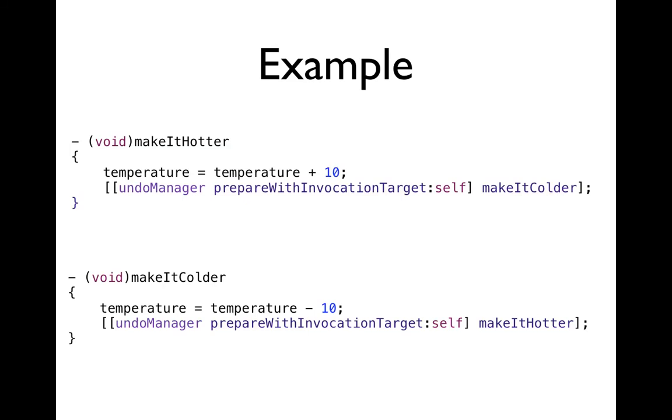You have a method called makeItHotter that makes the temperature go up 10 degrees, and you can make your undo manager prepare the inverse of that action, to make it colder. All you have to do is put prepareWithInvocation in both methods, and now they're completely compatible with NSUndoManager.